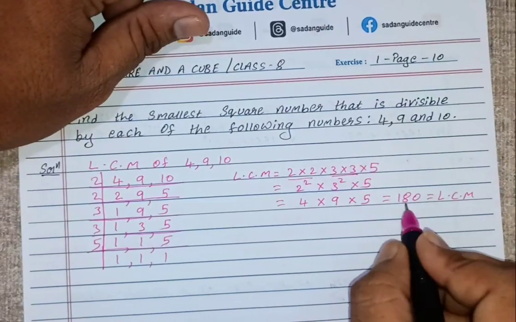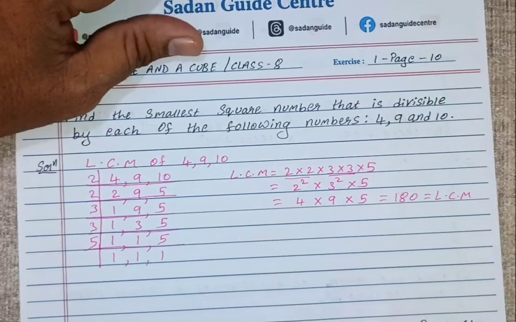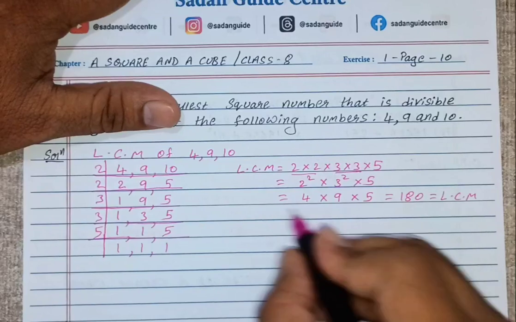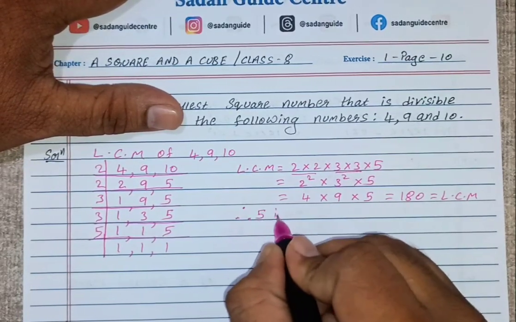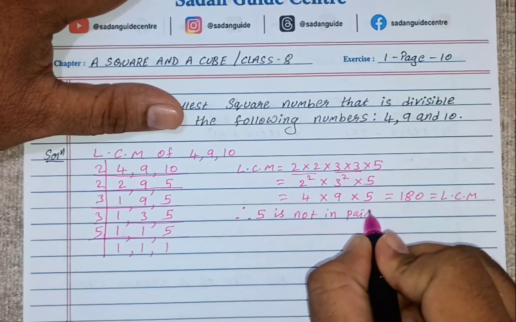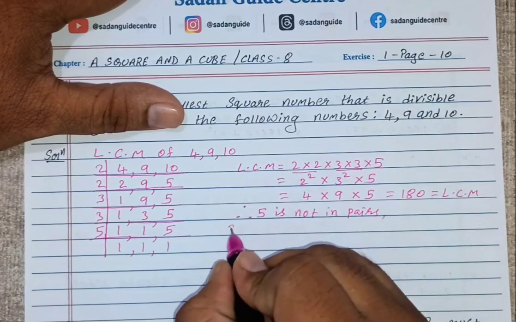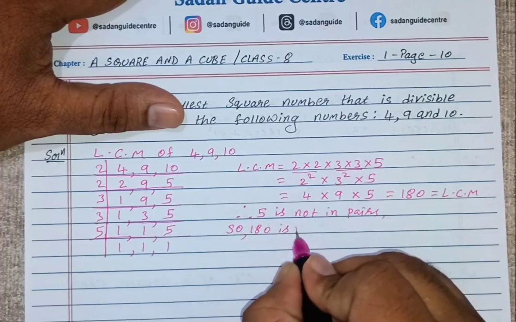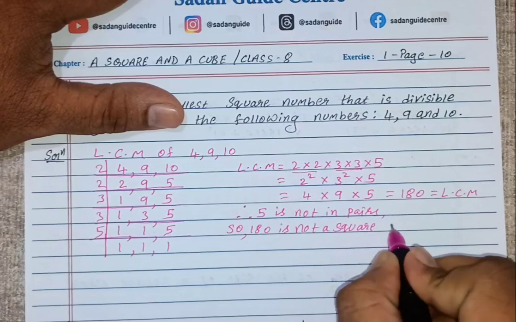But in 180, 5 is not in a pair. So 180 is not a square number.